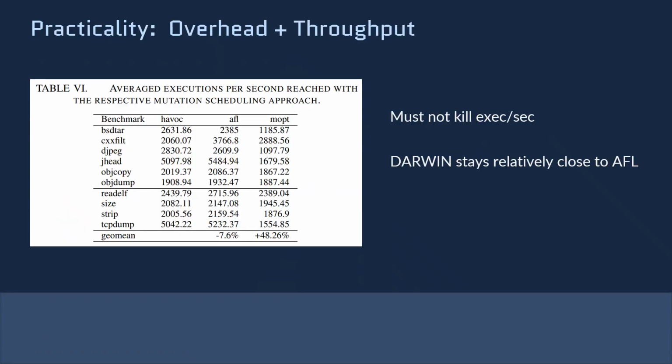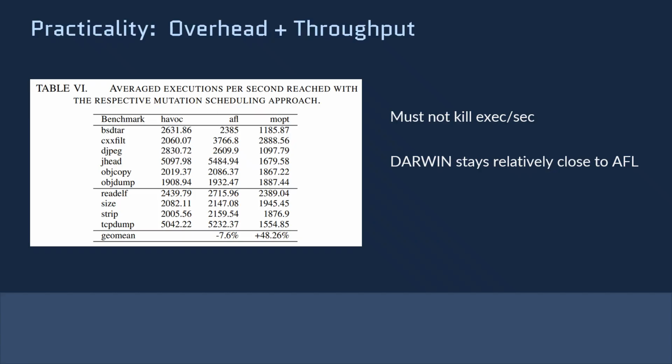Like we mentioned before, a smart scheduler isn't useful if it makes the fuzzing process too slow. So the paper also takes a look at the practicality of the fuzzer, the overhead it costs, and the throughput or executions per second that it creates.